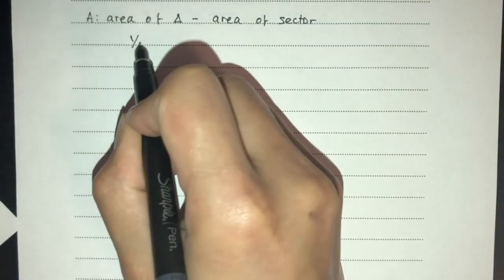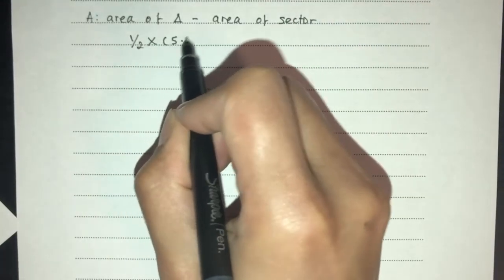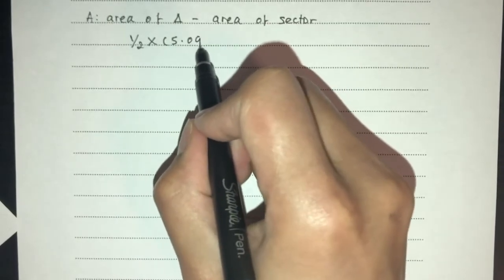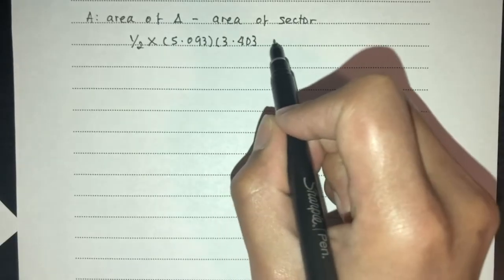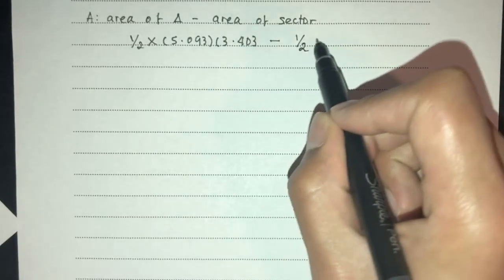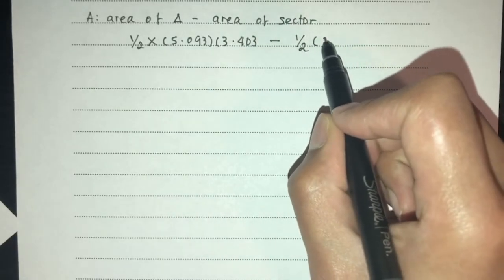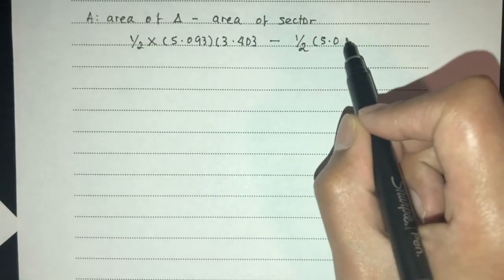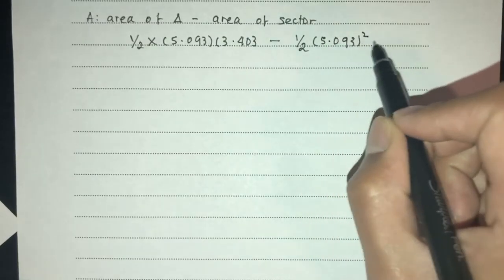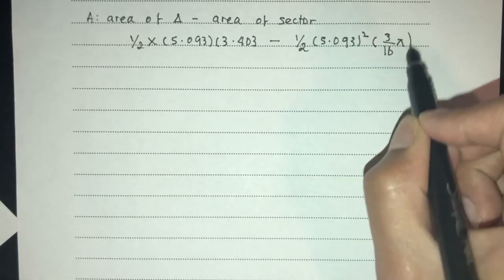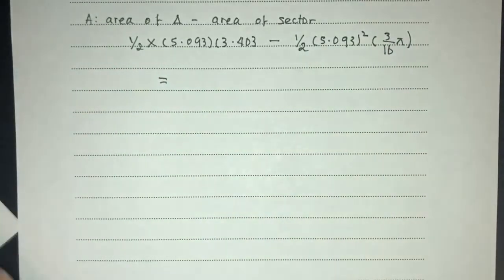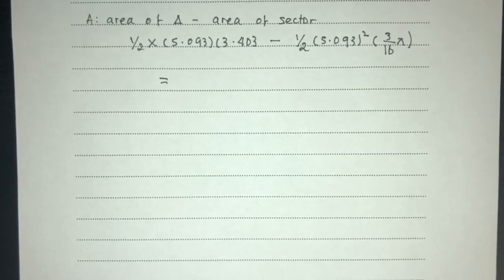This is pretty easy. Half times base, which is 5.093, and times height, which is 3.403, minus area of sector, half r square. R square is 5.093 square, and times the angle, which will be 3/16 pi. So let's see what this value is. Let me bring back my calculator.